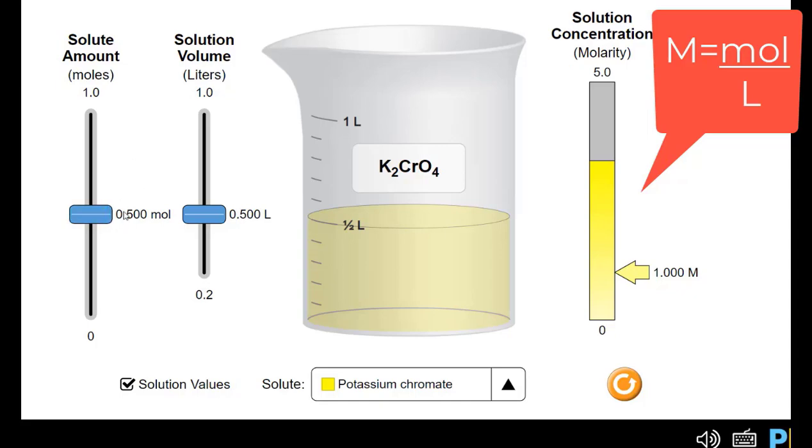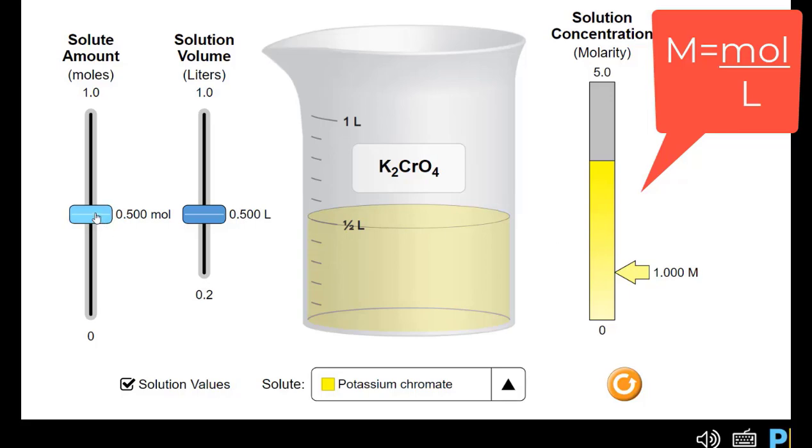So for example, if I had 0.500 moles of my solute, potassium chromate, in exactly 500 milliliters or 0.500 liters, if I did 0.5 divided by 0.5, you would get 1. And that means 1 molarity, 1 mole per liter.